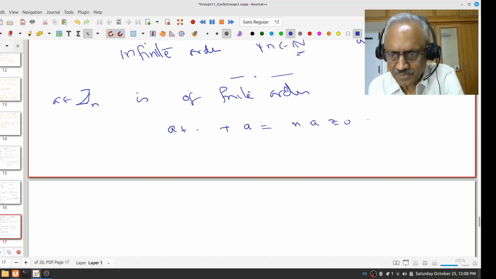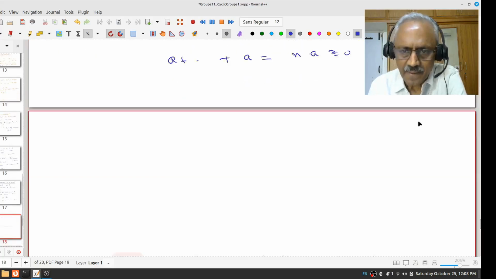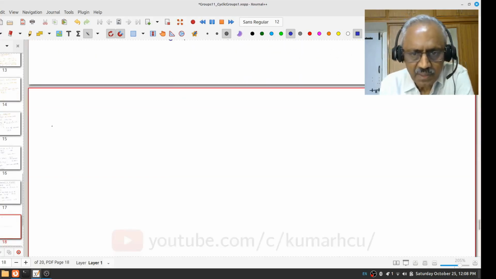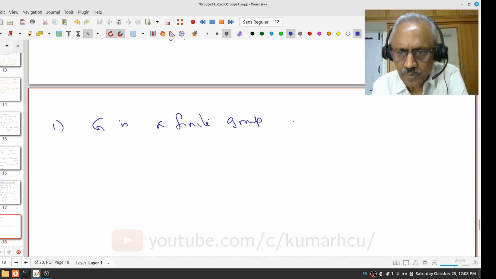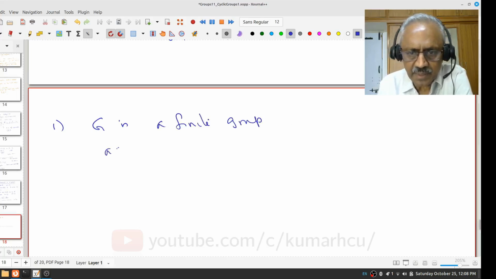Therefore, it's 0 in Zn. More generally, if G is a finite group and every element A is in G, then A is of finite order.